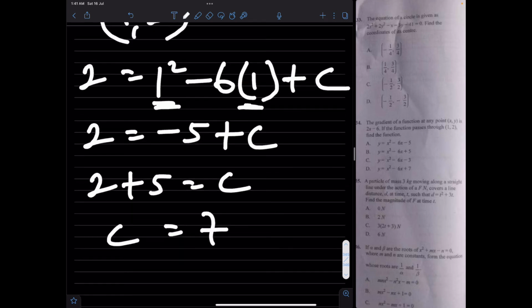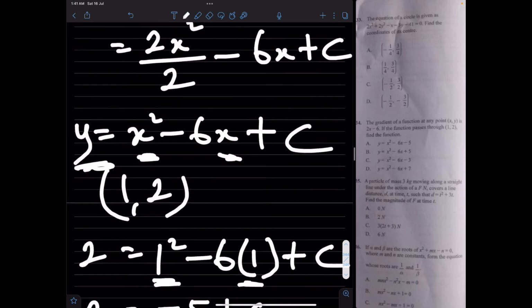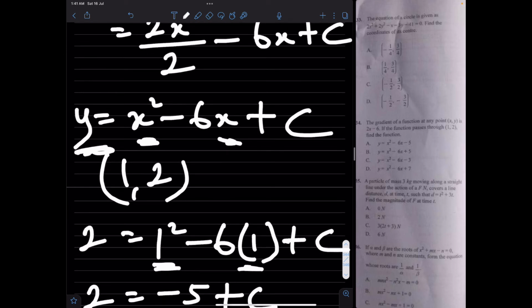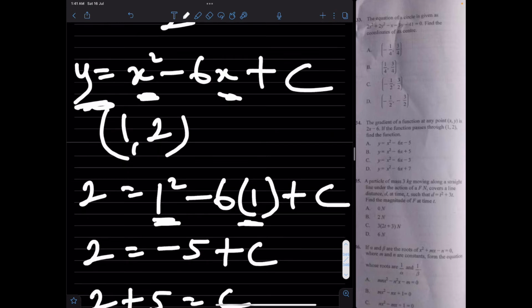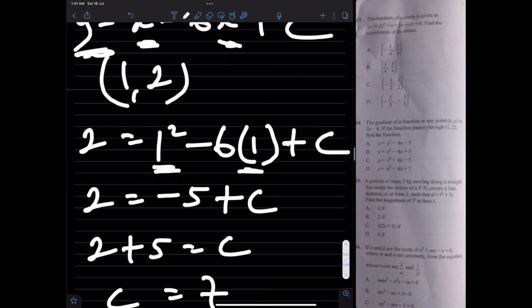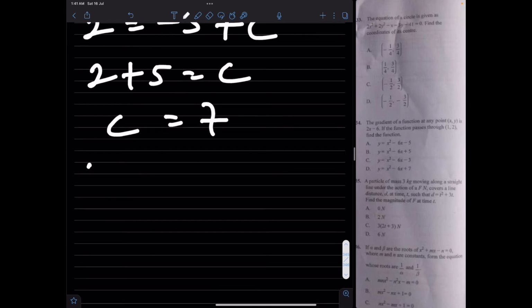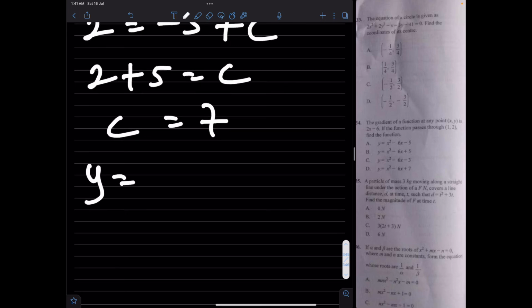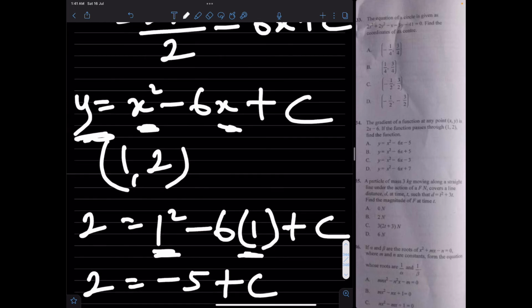Let's check. 1 squared minus 6x plus c: that's 1 minus 6 times 1 plus 7, and y is 2. So that's correct. So the function is y equals x squared minus 6x.